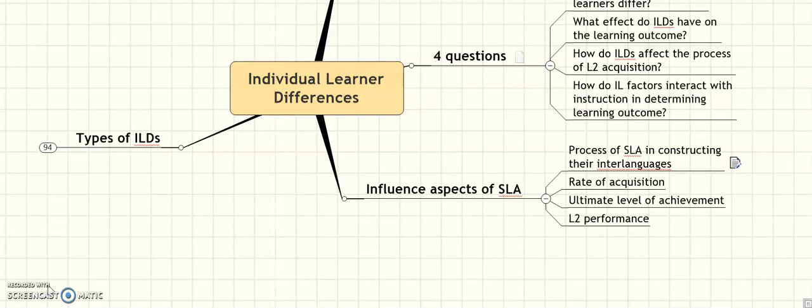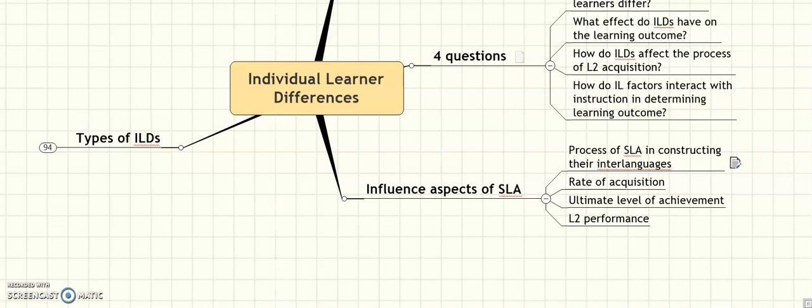So let's look at the students in our classes or our own students. We see that in our English classes, usually we have mixed abilities. Students with different levels of proficiency, meaning that the level of achievement of the language differs considerably.